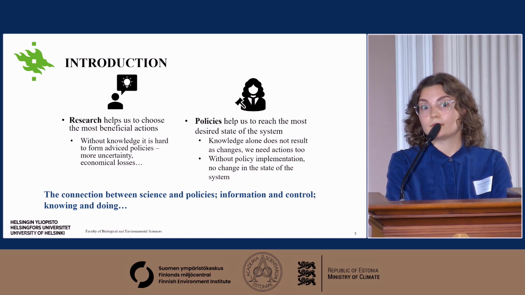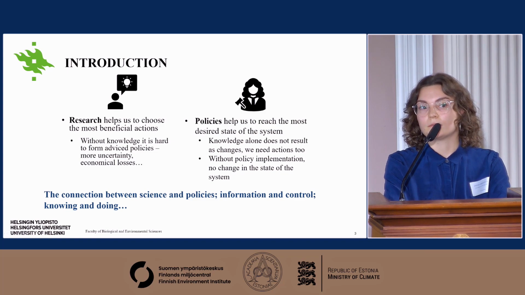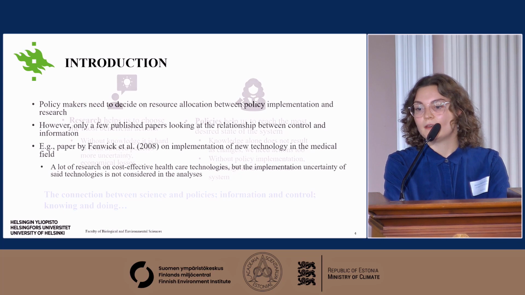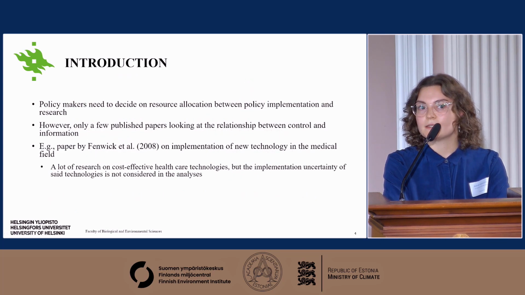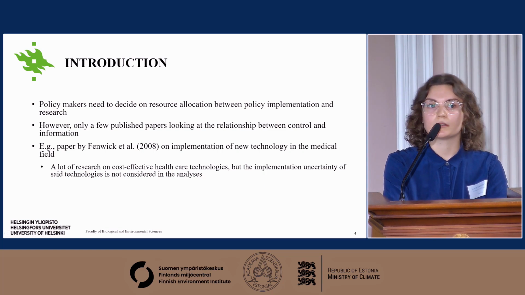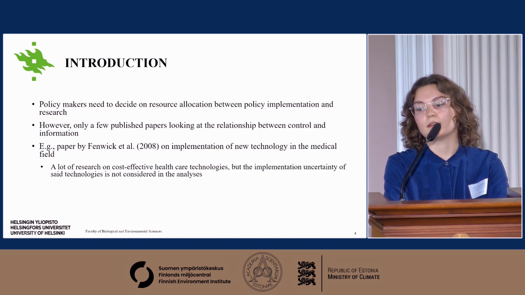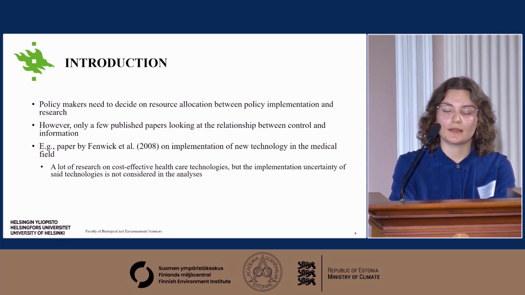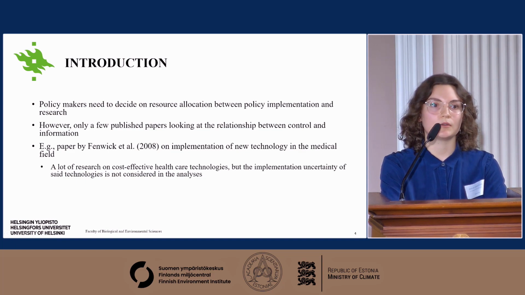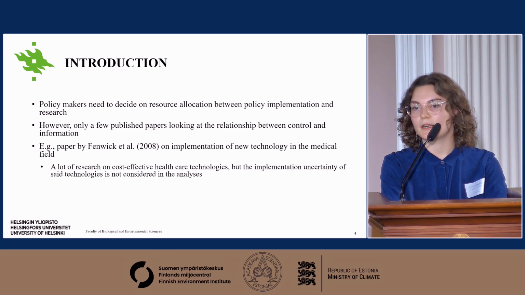So this is the relationship between knowledge and policy implementation, information and controllability. And this is, of course, also a question for the policymaker. For example, in ministries, they need to decide on allocating resources between policy implementation and further research. How to do that can be very hard to tell. How should the allocation be?